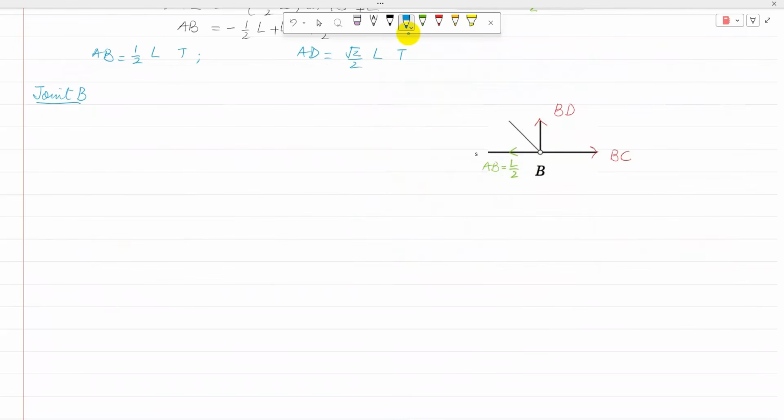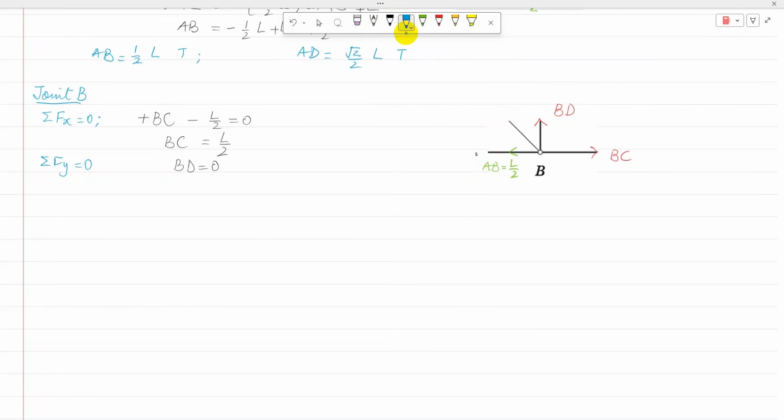At joint B, I can apply sigma Fx equal to 0. There is one unknown, BC, which is towards the right, so positive, and minus AB, which is L over 2, is equal to 0. So BC is L over 2. Then I can apply sigma Fy equal to 0. For that, there is only one force, BD, which is equal to 0.